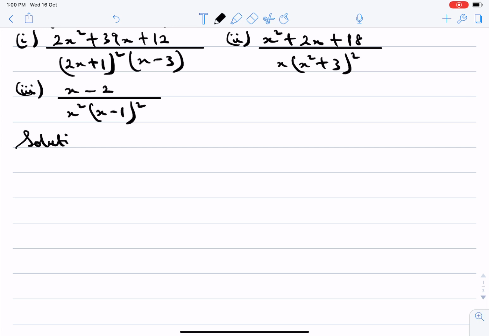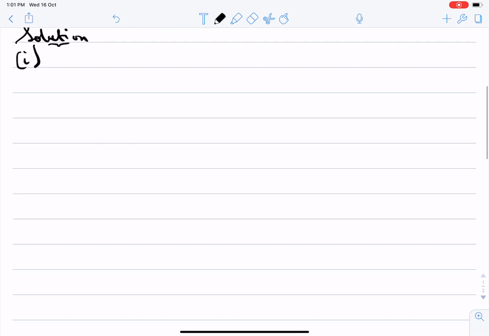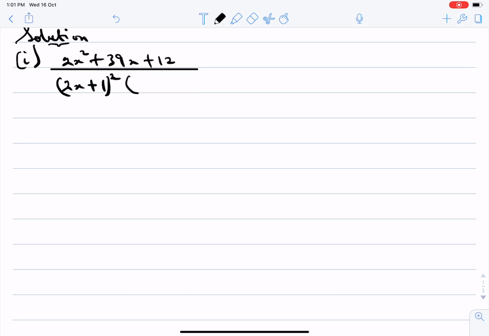Now let's solve that. The first fraction is 2x squared plus 39x plus 12 divided by 2x plus 1 squared times x minus 3.